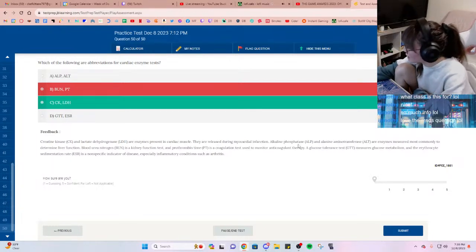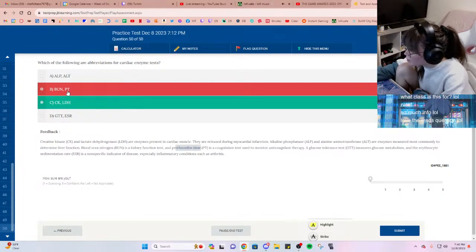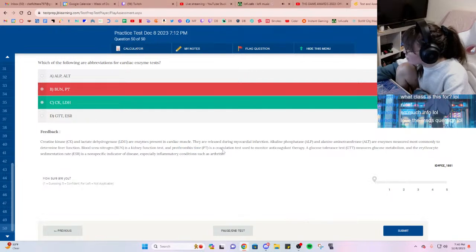Alkaline phosphatase and alanine aminotransferase, ALT, are enzymes measured most commonly to determine liver function. Blood urea nitrogen is a kidney function test, and prothrombin time, I didn't even realize that was prothrombin, is a coagulation test used to monitor anticoagulant therapy.